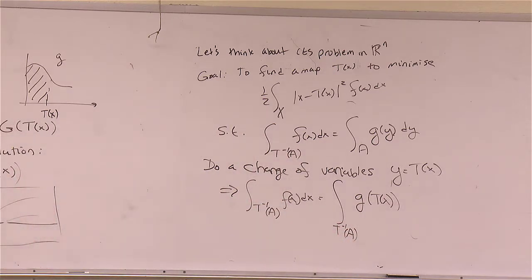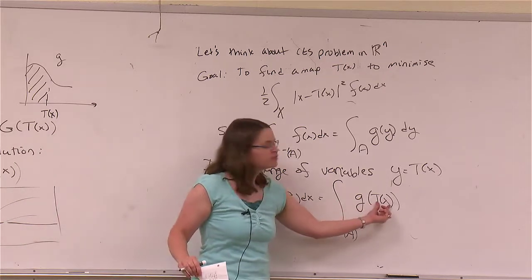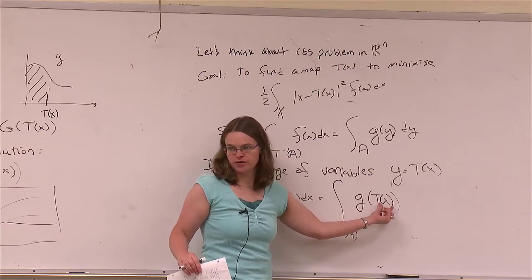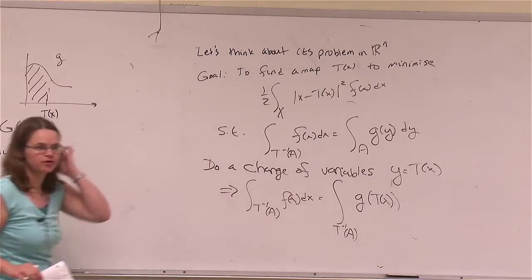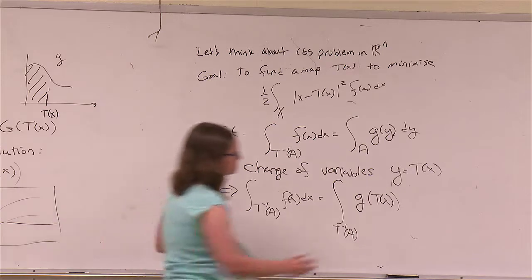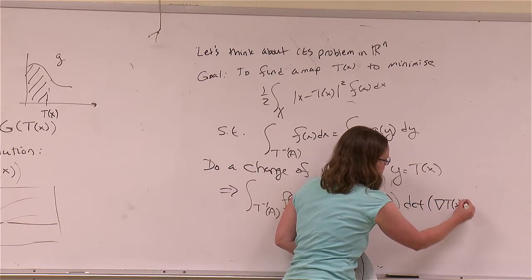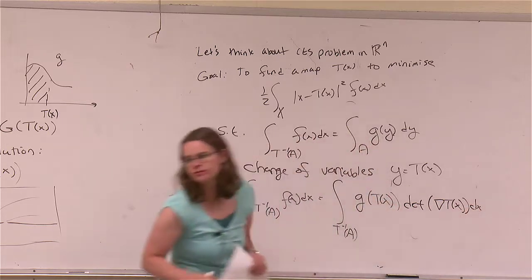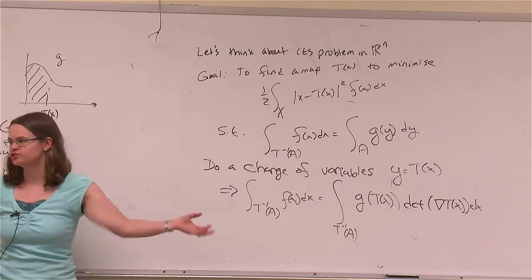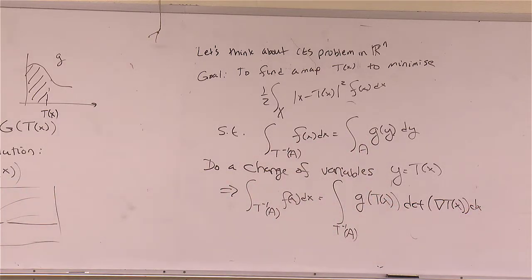What else? The determinant of the Jacobian, yeah. So we need to take the determinant of the Jacobian of our change of variables, right? This is our change of variables formula from calculus. So we want the determinant of the Jacobian. Again, this is under the assumption that things are nice enough that this Jacobian makes sense, but certainly formally this is what we expect.